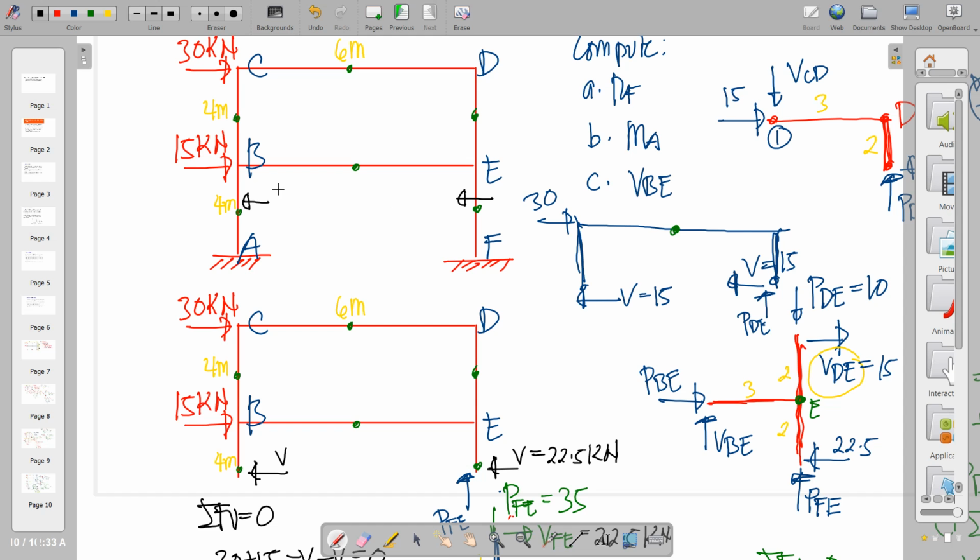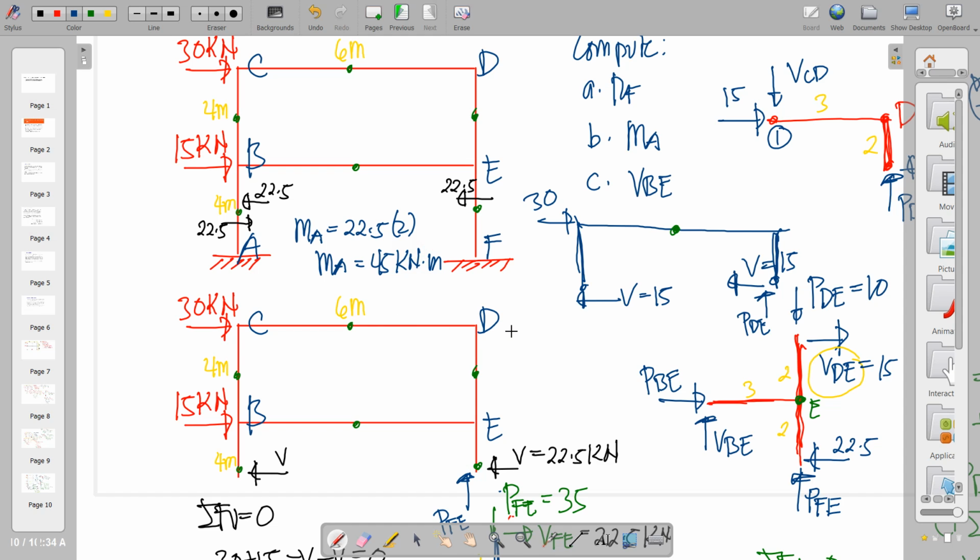Just divide that by 2, that is 22.5 each, and this 22.5 shall transfer to the portal of A, 22.5. Therefore your moment at A is equal to 22.5 times 2, hence that is equal to 45 kilonewton meter.